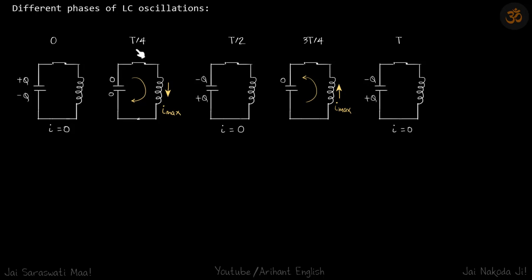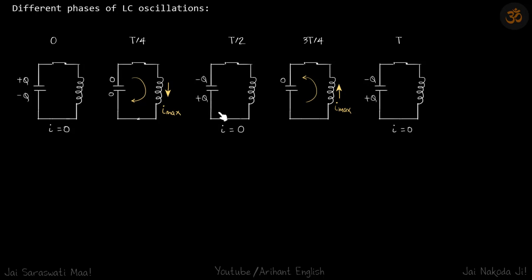At T by 4, the charge on the capacitor is 0 and maximum current is flowing through it. Then the charge will go and settle on this plate. So at T by 2, this plate becomes plus Q and this becomes minus Q, and again the current becomes 0.